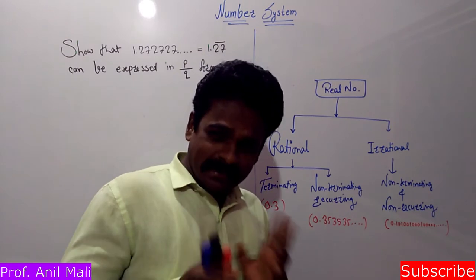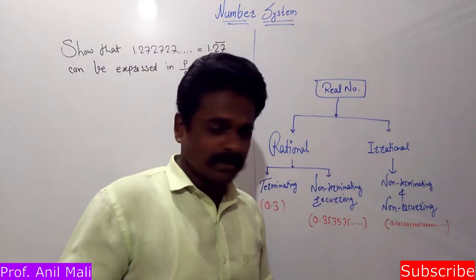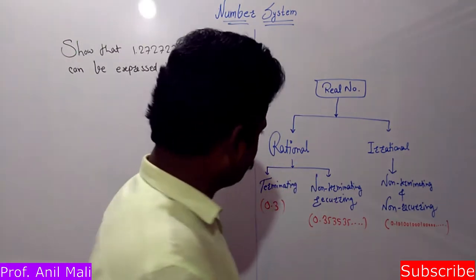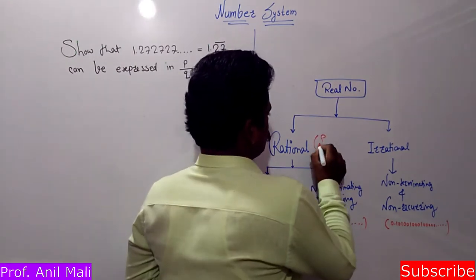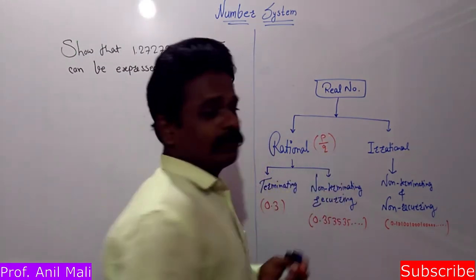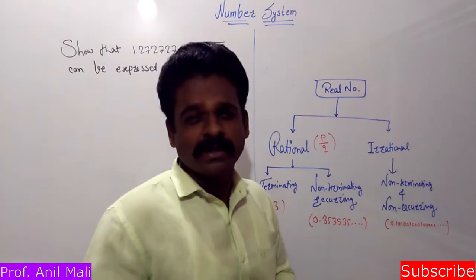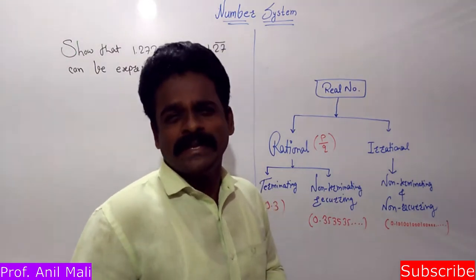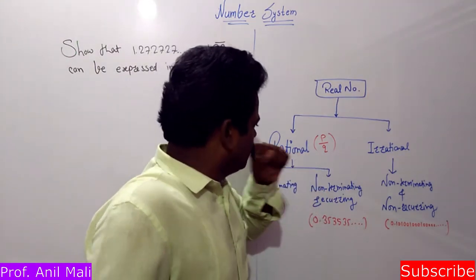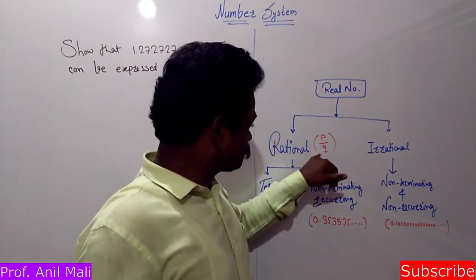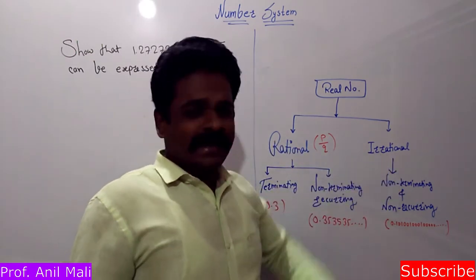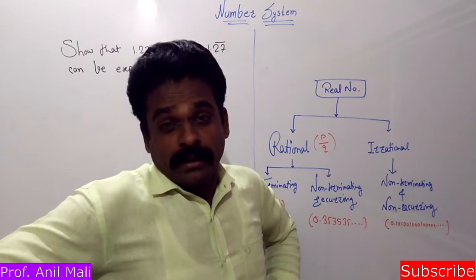Now what exactly is the difference between rational and irrational numbers? A rational number we can write in the p by q form, where q is not equal to 0 and p and q are any integers.